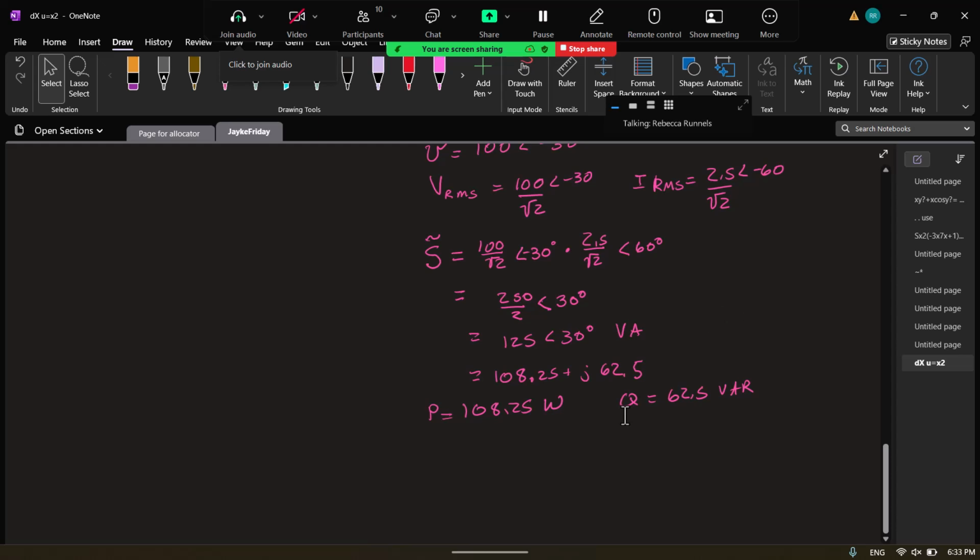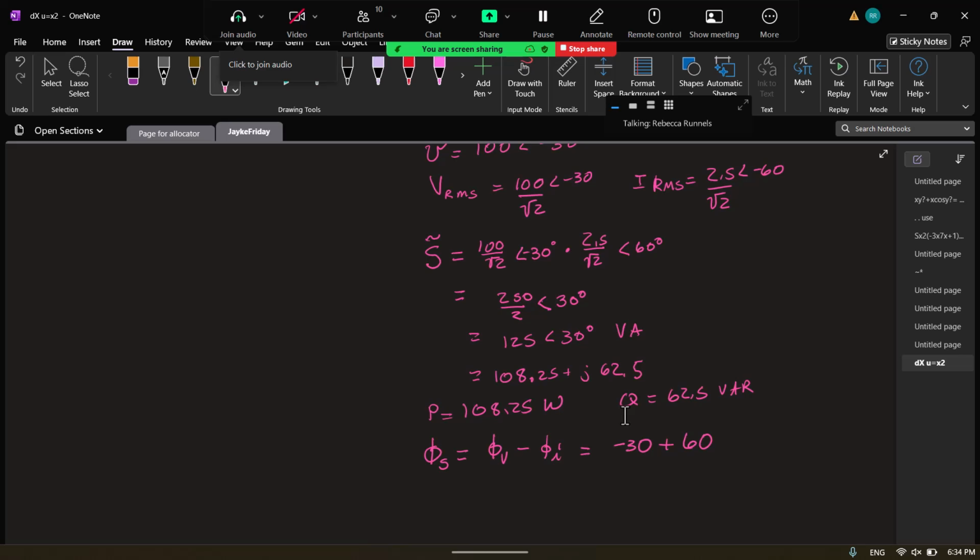And there's a couple ways to get my power factor, but one way is to say that it is the angle of my voltage minus the angle of my current. So the angle of my voltage was negative 30 minus the angle of my current is 60.